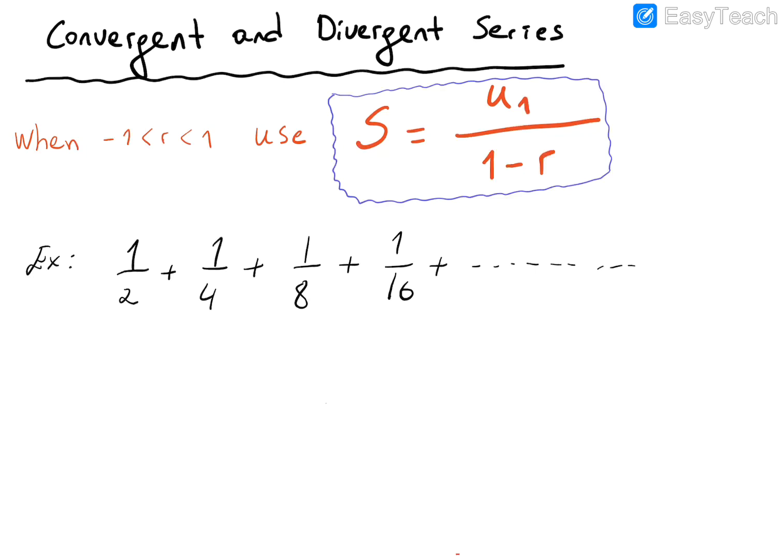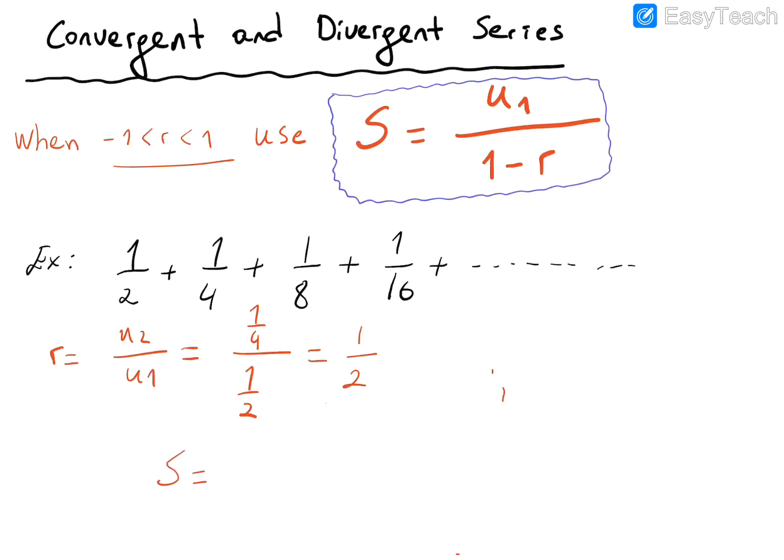So this is the series. I want to find out the sum. First of all, get the r. Your r is u2 over u1. So here 1 over 4 over 1 over 2 will give you 1 over 2. Look at this number, 1 over 2 is between -1 and 1. So I will use this sum then.